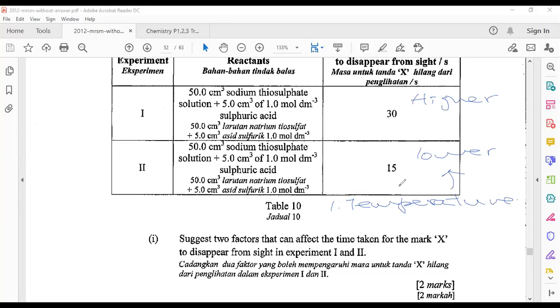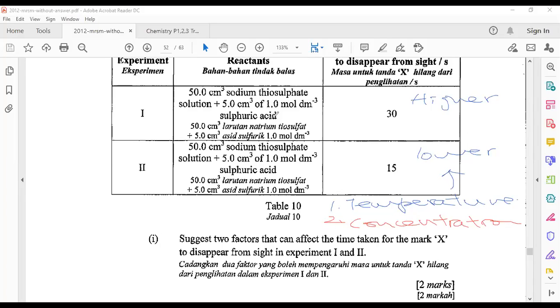Now we can also change the concentration. If we are talking about concentration, we are still going to put this set 1 to be of higher concentration, set 2 to be at lower concentration.